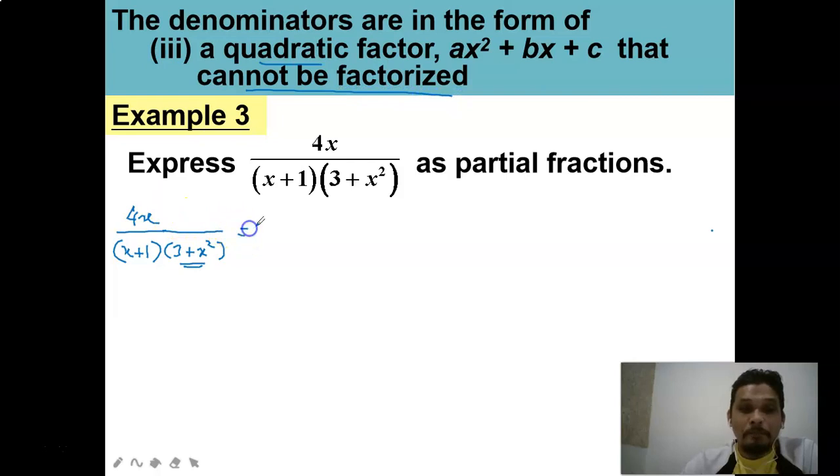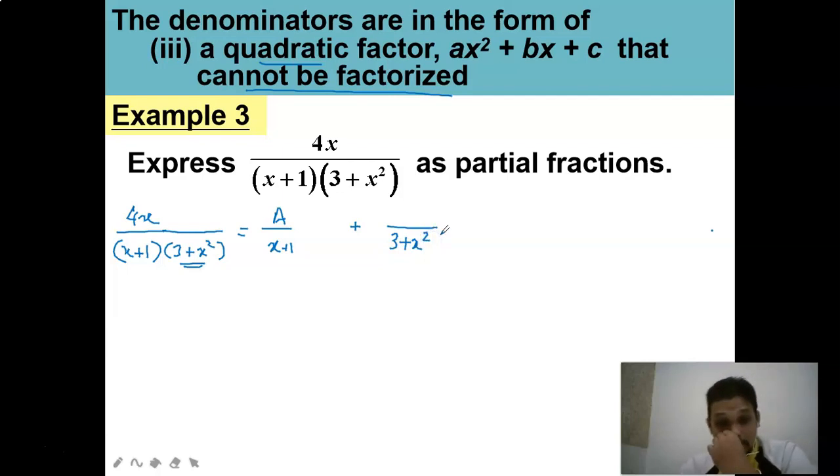So then A divided by (x + 1), plus something divided by (3 + x²). In this case, we come out with the numerator of Bx + C.